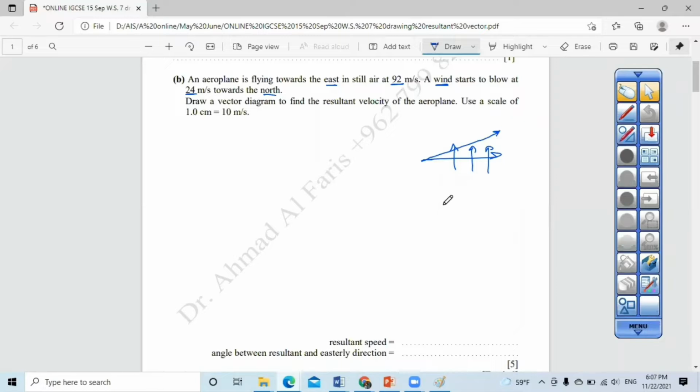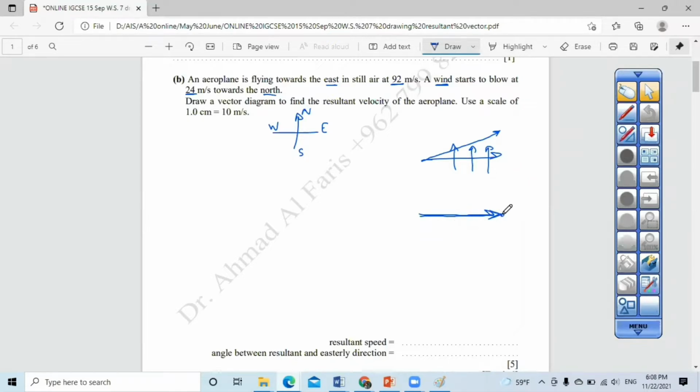نعيد مرة تانية. The airplane is supposed to go to the east. Why is the east to the right? Because all of the people on the earth agree that this is the north, this is the south, this is the east, this is the west. News. As the airplane is moving to the east with this speed, which is 92, there is air blowing it upwards.